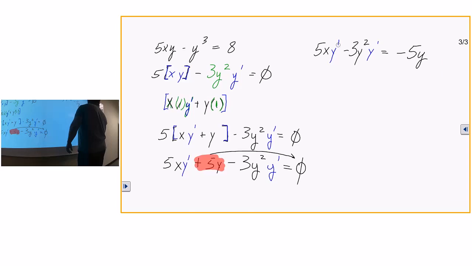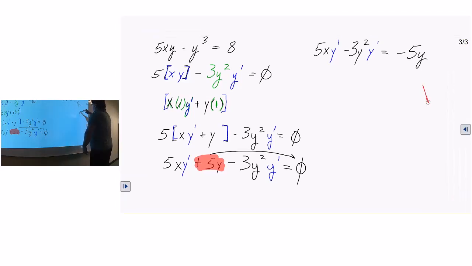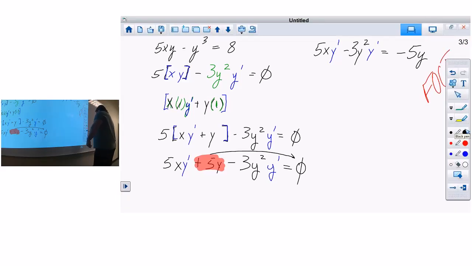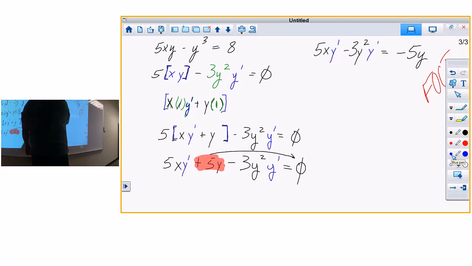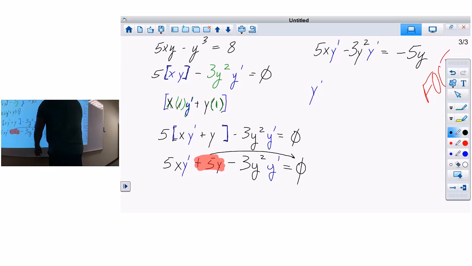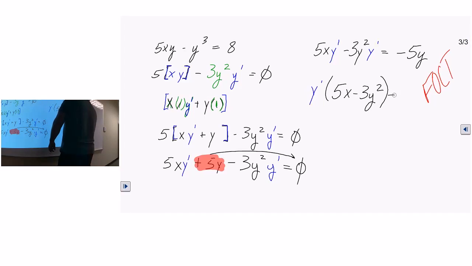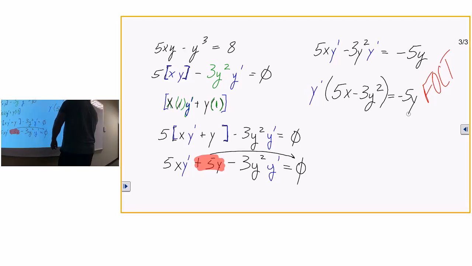Now what? Factor out a common what? Term. Y prime, parentheses, 5x minus 3y squared is equal to negative 5y.